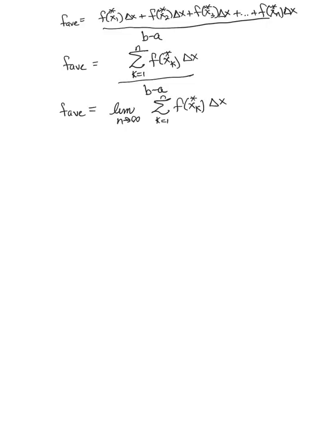Dividing by b minus a is a constant, so it just goes outside the limit. And if you notice, this is the definition of a definite integral. So the average value of a function is indeed the average of infinitely many y values on the interval from a to b of f of x. And that would be the proof.